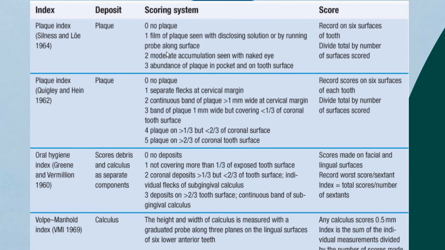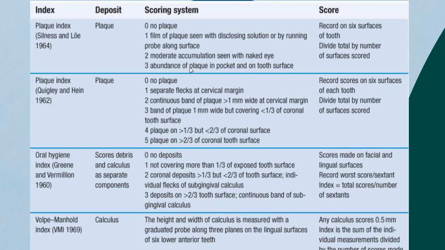The plaque index: if you have a 0, there is no plaque. Score 1, a film of plaque seen with disclosing solution or by running a probe along the surface. You can't see it by naked eye directly. Score 2, there is moderate accumulation seen with the naked eye.